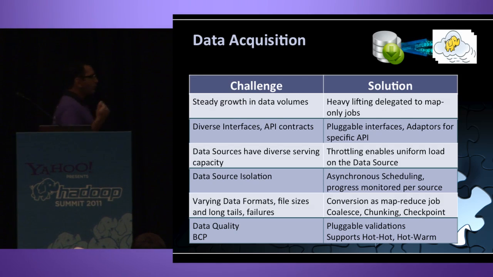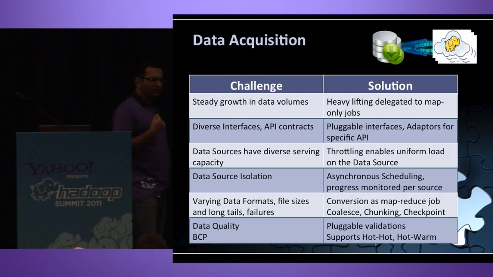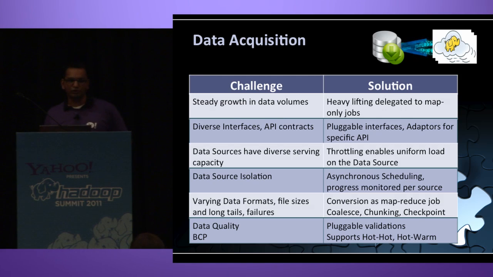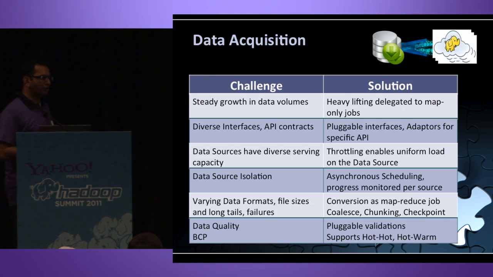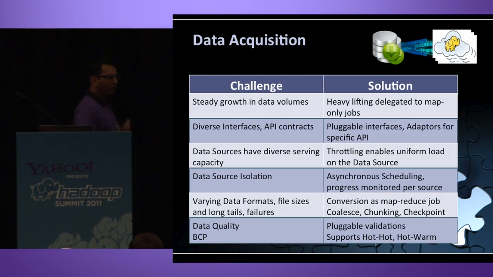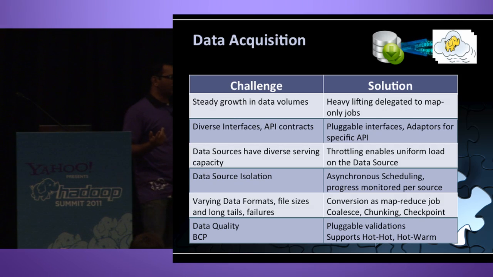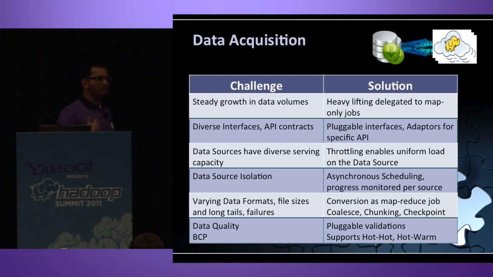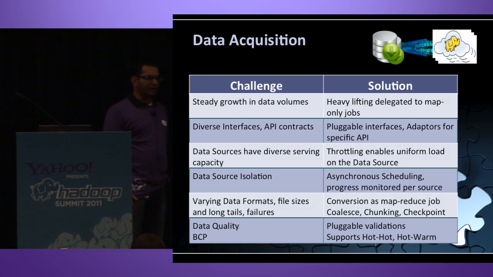Even in a Hadoop cluster, you can have slow-performing job trackers or data nodes. Some job trackers keep running into out-of-memory exceptions. So we have to work around that and make sure whatever is well-performing is not affected by a slow-performing data source.